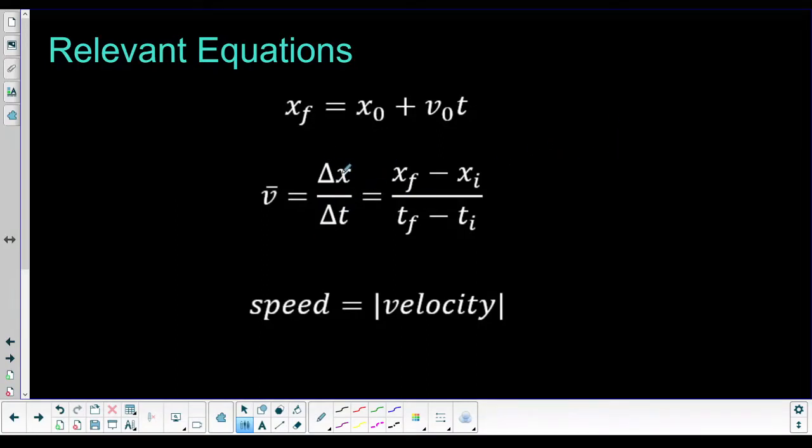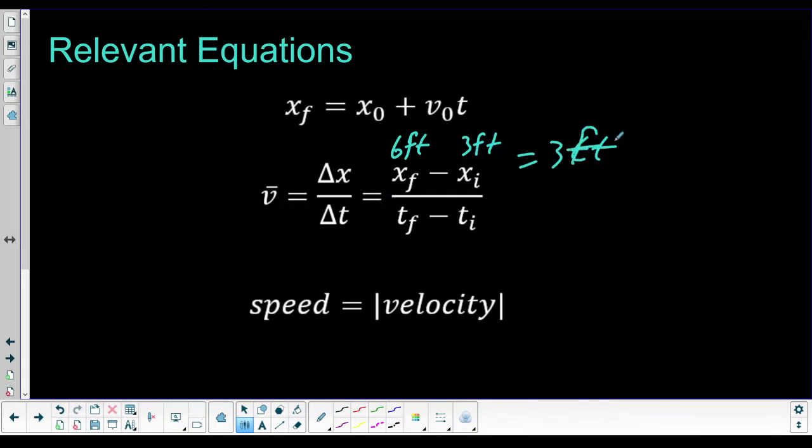Okay, so delta x means change in position divided by change in time. The formal way to write this out longhand is the final position minus the initial. Final minus initial anything is change in that thing. For example, if I end 6 feet from the wall and I started 3 feet from the wall, I've moved 3 feet, right? So final minus initial is change in.